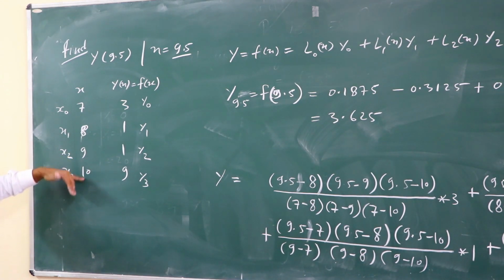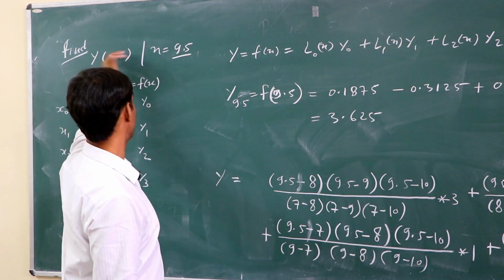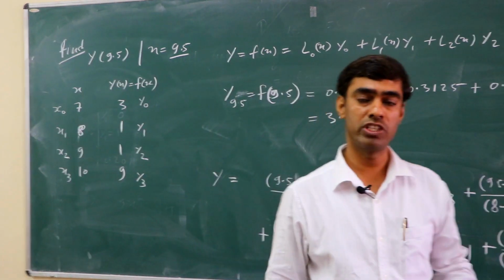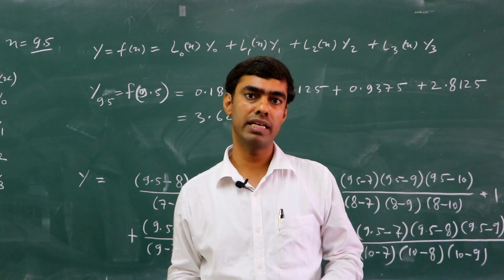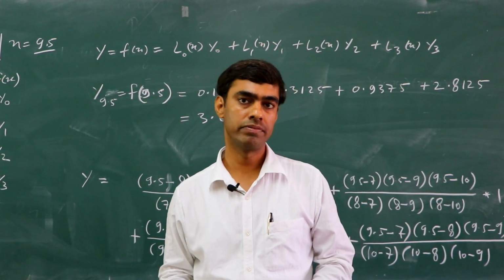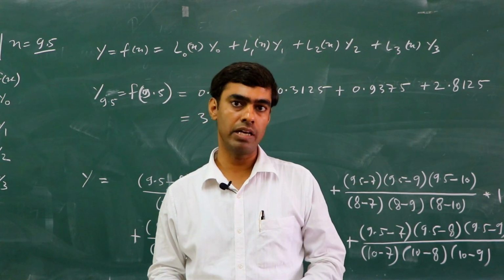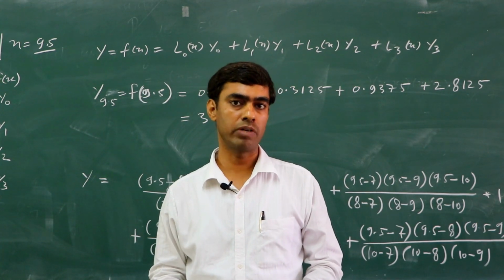9.5 is nearer to the last value, so we are also able to find the value of y at x equal to 9.5 with the help of the backward interpolation formula. So with the help of the Lagrange interpolation formula, not only can we interpolate the value for unequal class interval, we can also interpolate the value for equal class interval.